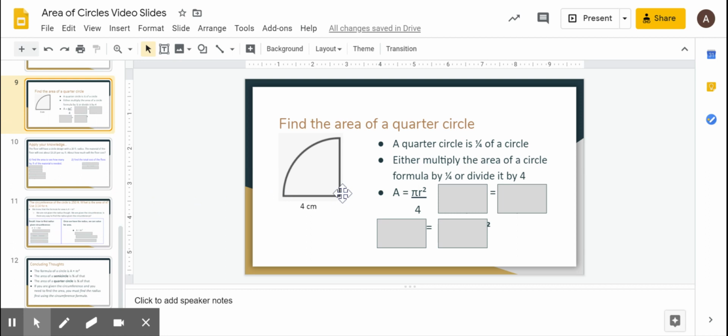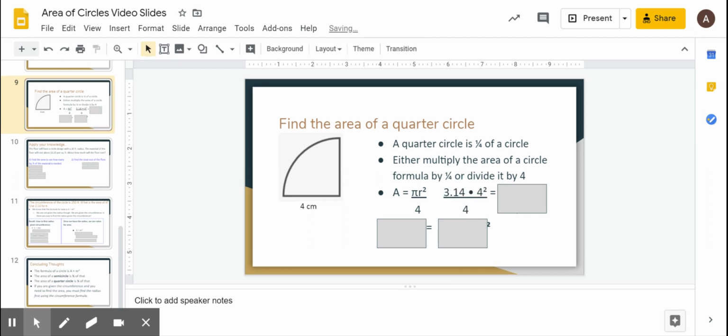In our next example, we have: find the area of the quarter circle. If you remember from the beginning, a quarter circle is 1/4 of a circle. So you either multiply the area of the circle formula by 1/4 or you divide it by 4. I'm just going to show you the second method, but you could multiply the area formula by 1/4 and still get the answer. So area equals pi r squared divided by 4.